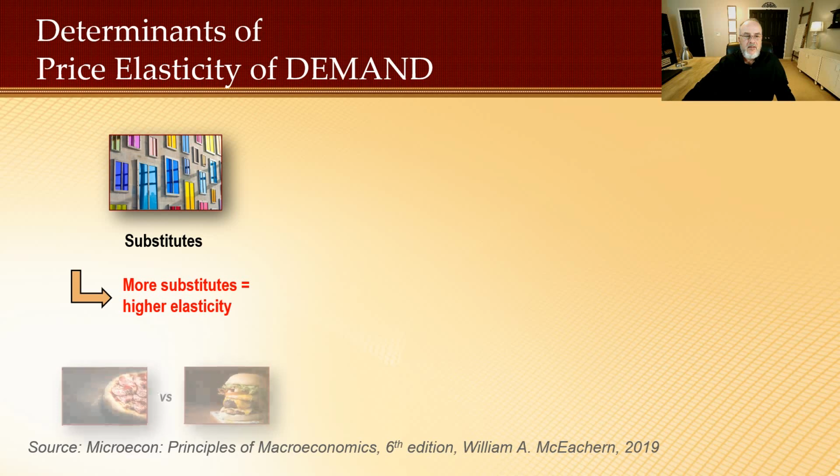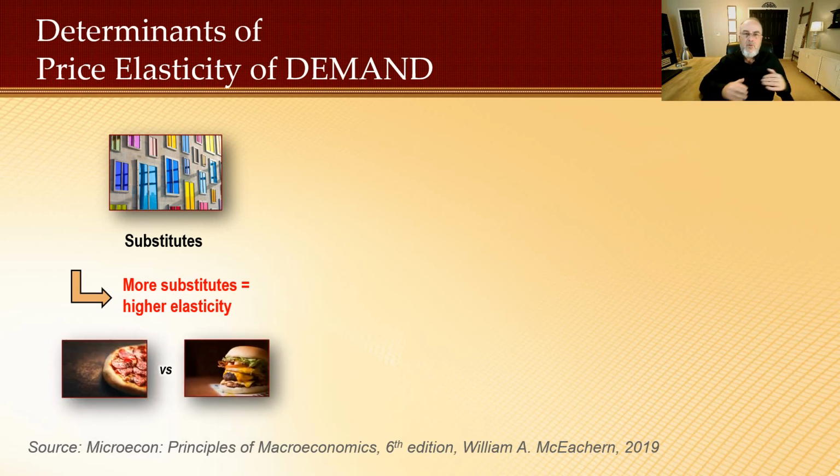So think about it like this, for example. If pizza prices go way up, let's say pizza prices double. Well, pizza is very elastic to price, because if it goes up, it's easy to go get something else like a burger or a sub sandwich or something like that. So that's if there are a lot of substitutes.